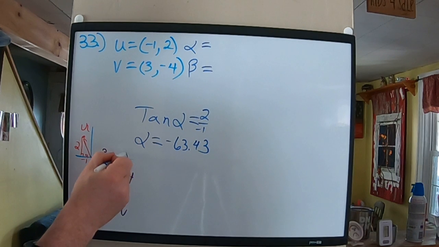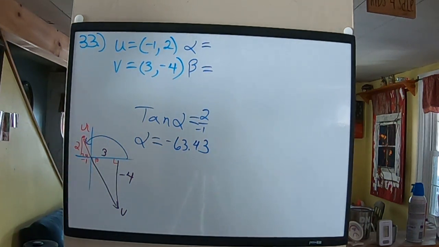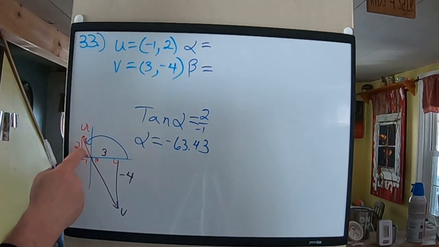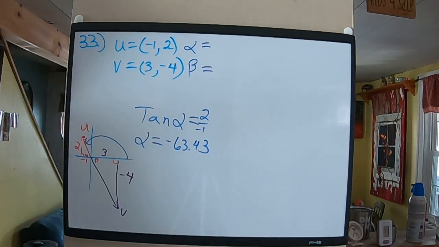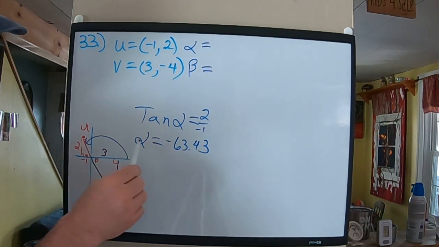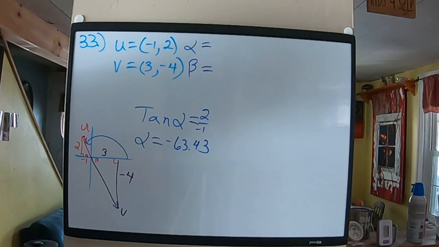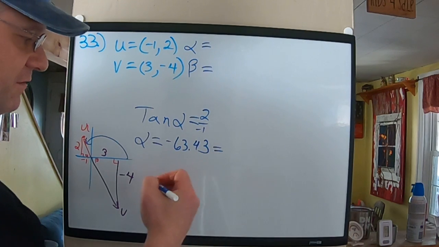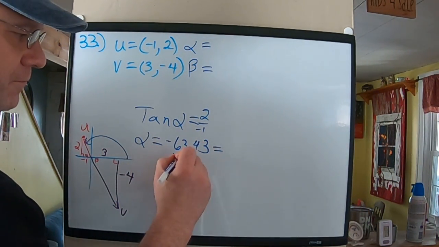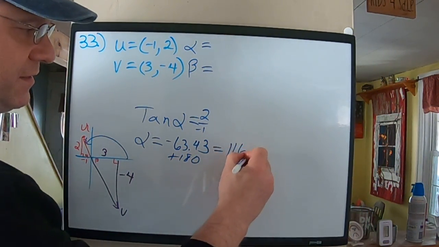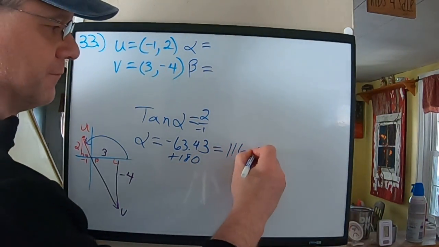Well, this is alpha. This angle has to do with 180 plus this, -63.43 negative, which comes out to the real value here, 116.57.